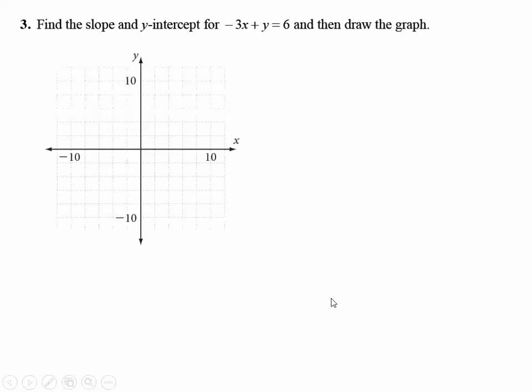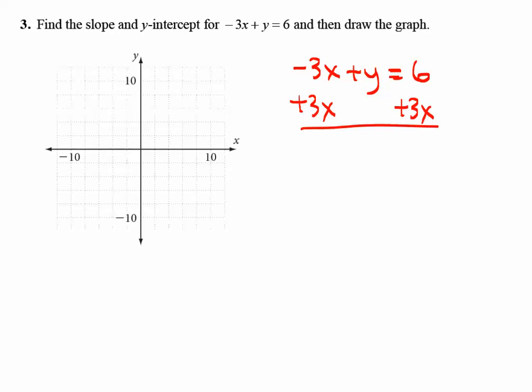Well, I can do that only if it's already solved for y. So I'd have to solve this for y to give a slope and y-intercept. So in this case, I'm going to have to solve for y by adding 3x to both sides. Y equals, let's say, 3x plus 6.